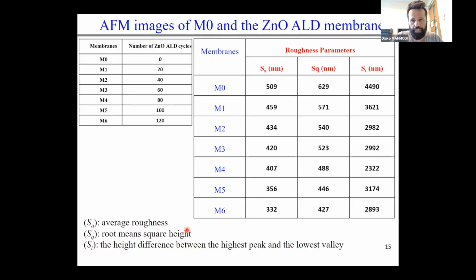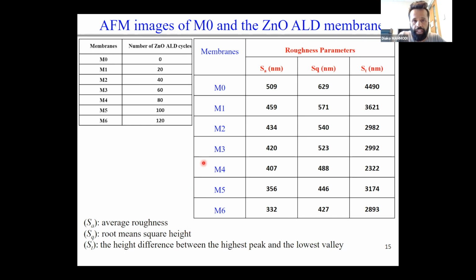Here is the roughness. By coating zinc oxide, we expected to decrease roughness. This is also an ideal point for us because by decreasing roughness, we can improve the anti-fouling property of the membranes. How? Because in this case, there is no space for contaminants to deposit on the surface of the membrane.